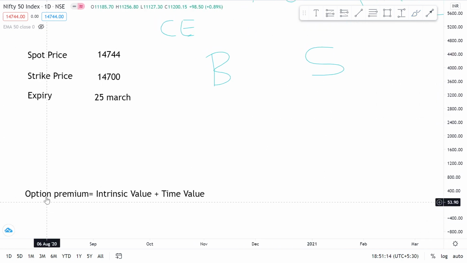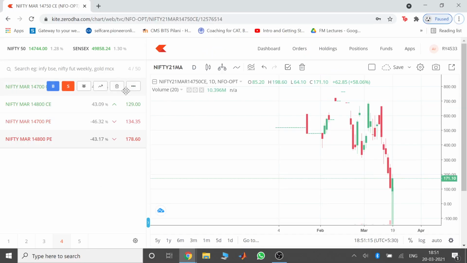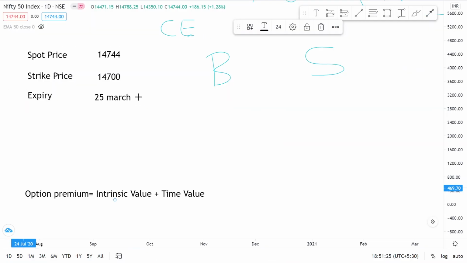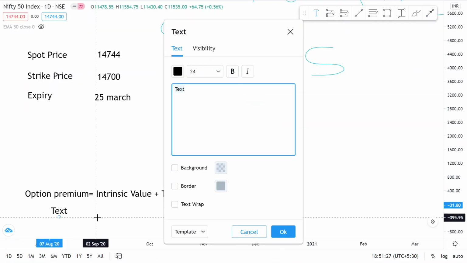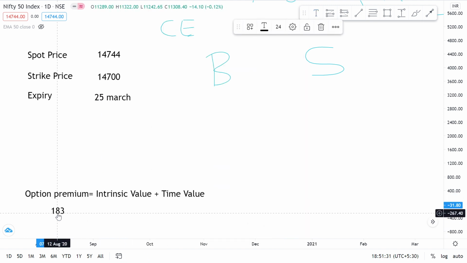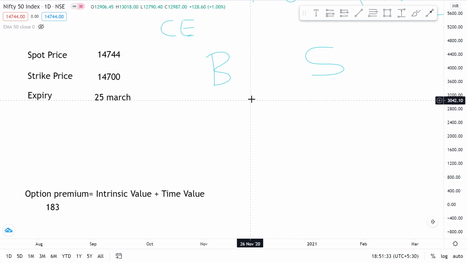Also the option premium for this is the rate at which it's trading right now, which is 183 as you see here. So for the 14,700 call option, 183 is the option premium. Let me write that down as well, 183. Perfect. So that is the option premium.